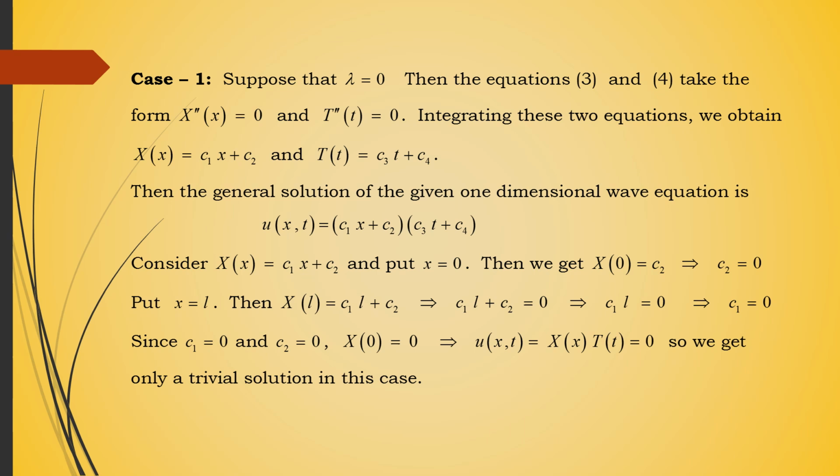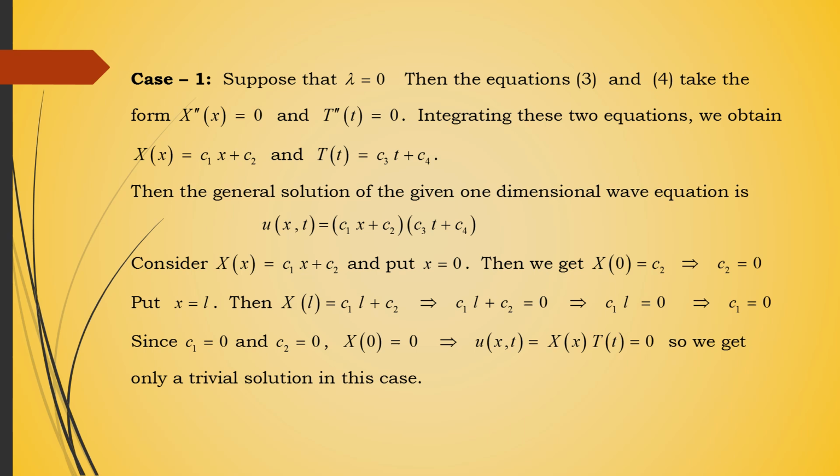Integrate X''(x) = 0 on both sides with respect to x twice. Then we obtain X(x) = c1x + c2, where c1 and c2 are arbitrary constants. Similarly, we integrate T''(t) = 0 with respect to t twice on both sides. Then we obtain T(t) = c3t + c4, where c3 and c4 are arbitrary constants.